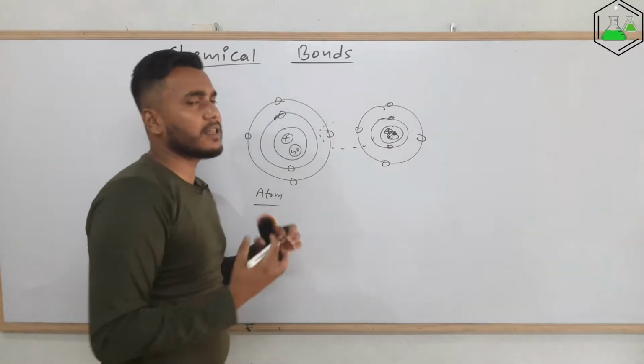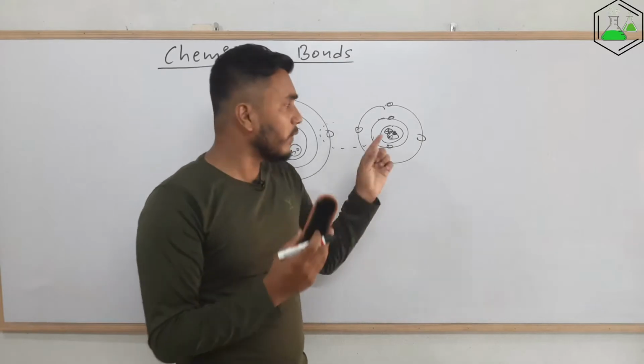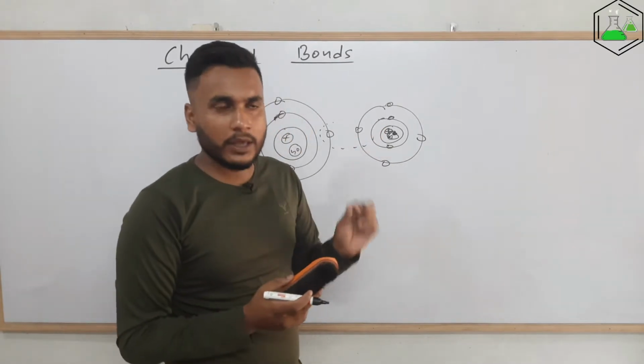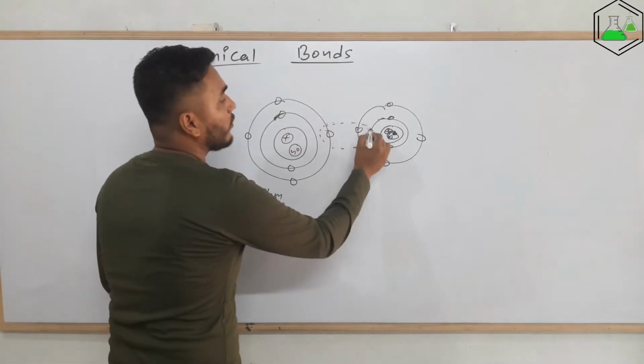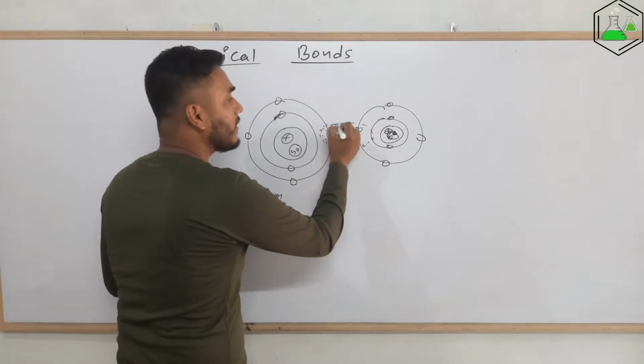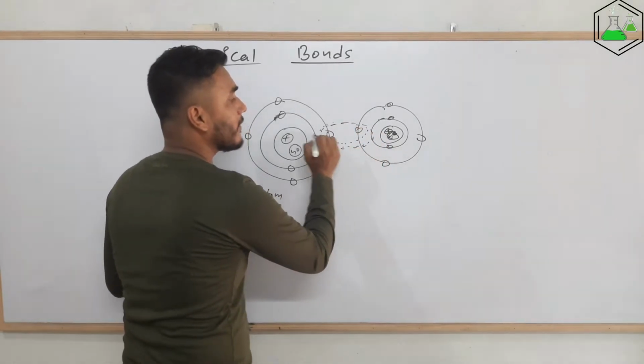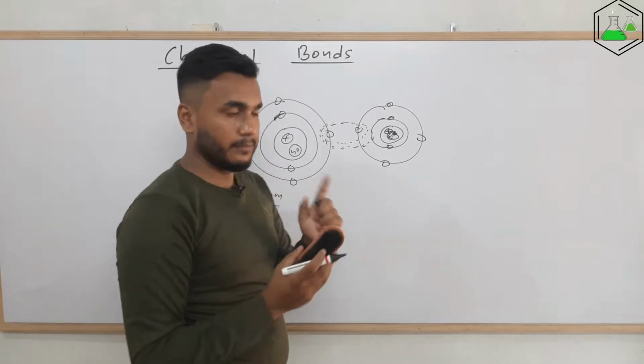They will try to pull each other or push each other, or there will be certain interactions over there, okay? They will try to pull each other with certain force. That force is the reason for the bonding, okay?